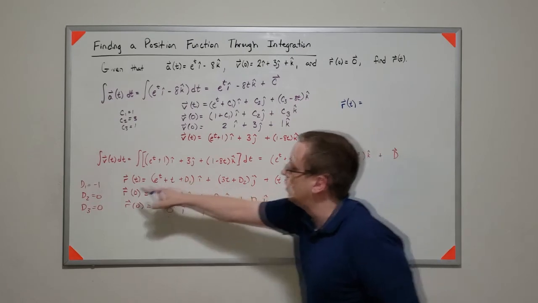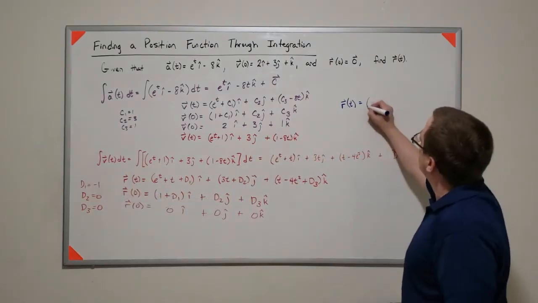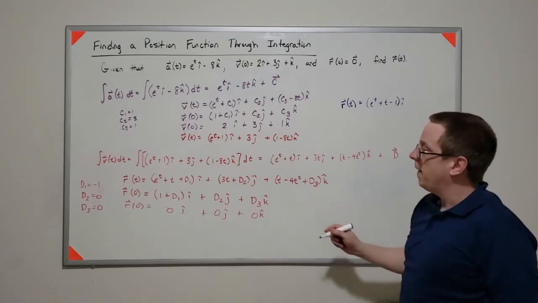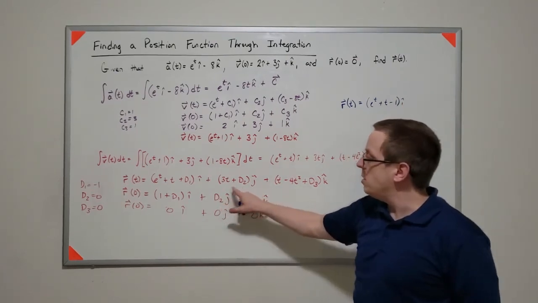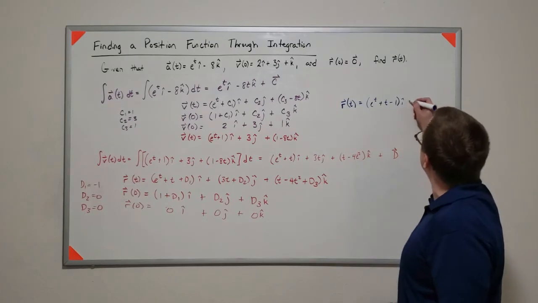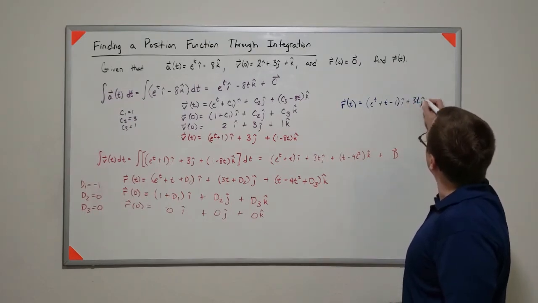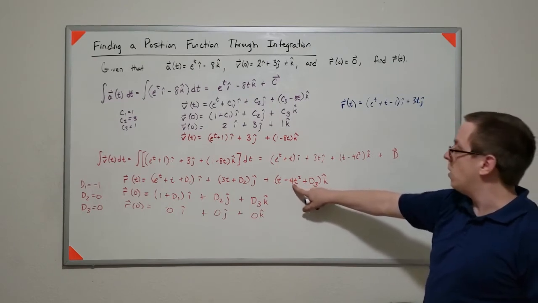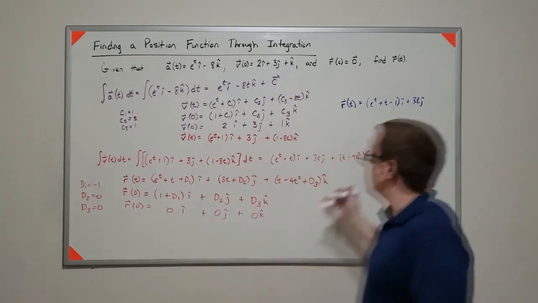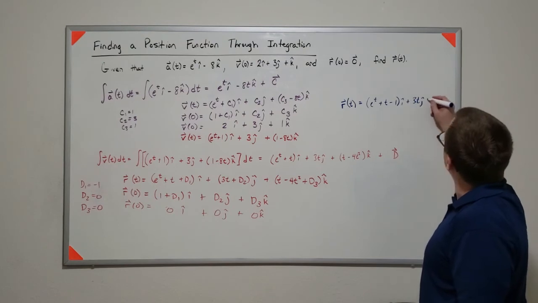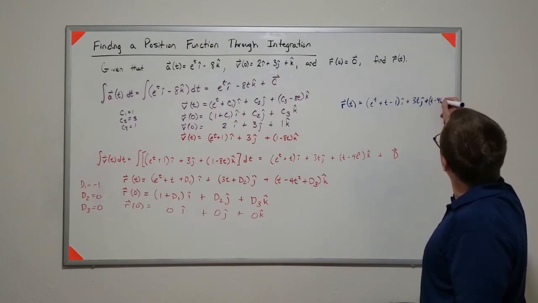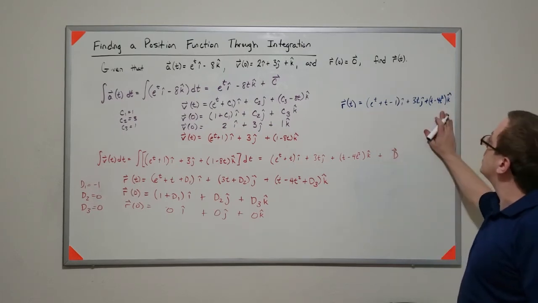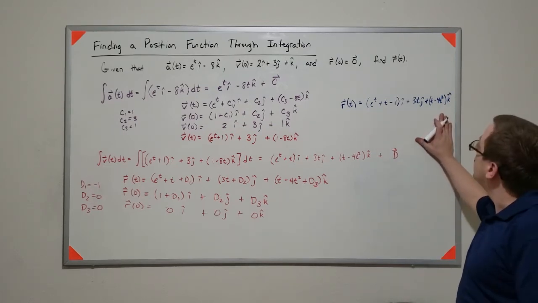Here d1 is negative 1, so e to the t plus t minus 1 I, and then we have 3t plus 0, so 3t j, and then we have t minus 4t squared plus 0. So we have this plus that minus that, t minus 4t squared k.